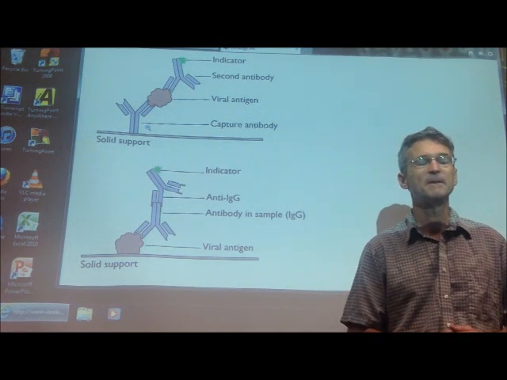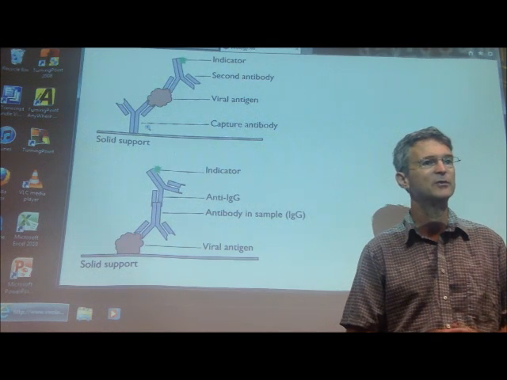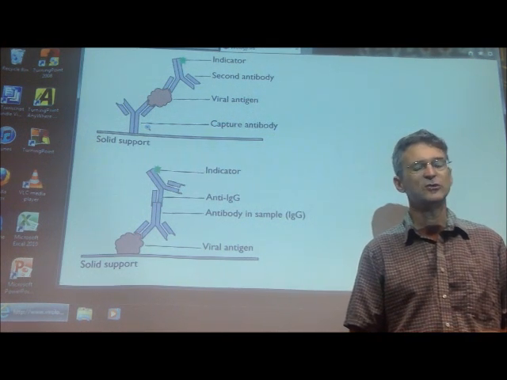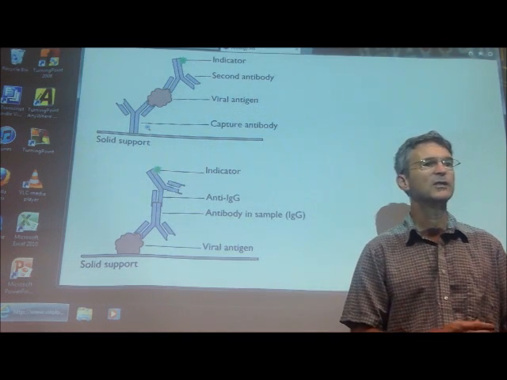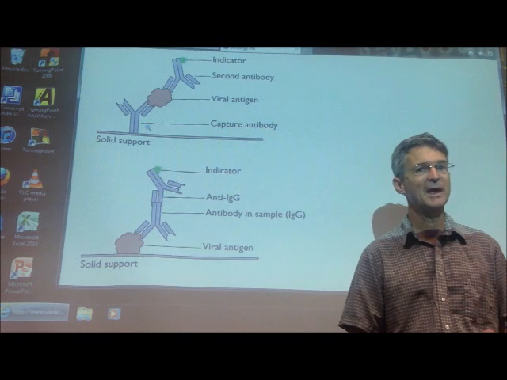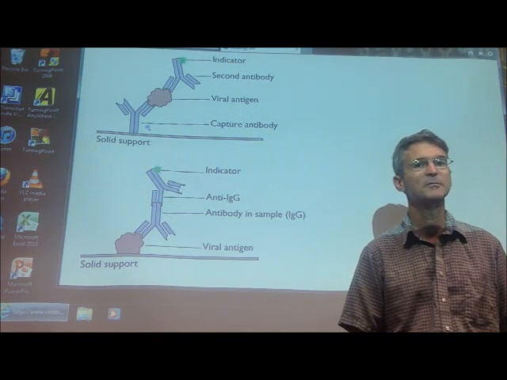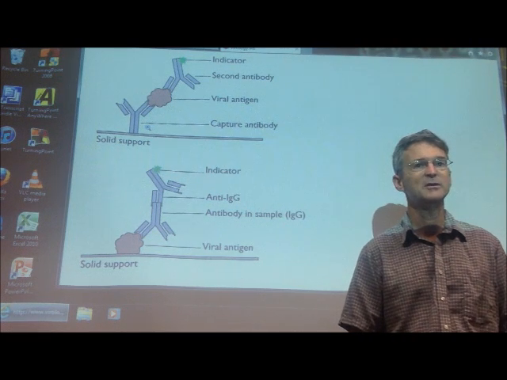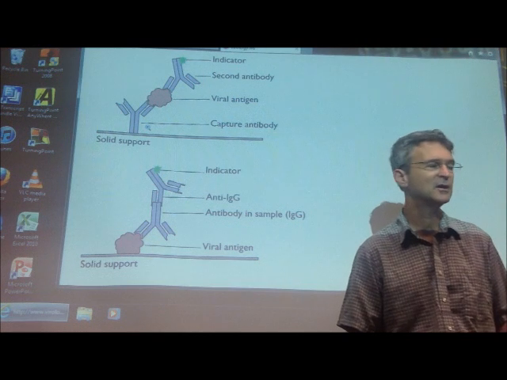And you let it sit and incubate for a few hours, and then you just take the plate, flip it over, and bang it on some cloth so that you get rid of the liquid, but the antibody is adsorbed to the plastic. And then you wash it with buffer, and then you bang the plate again to get rid of the buffer, and then you're ready to go.